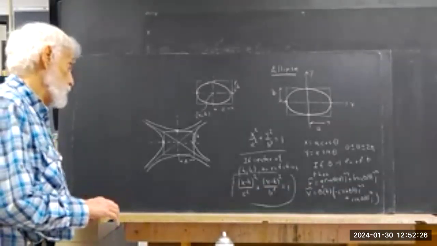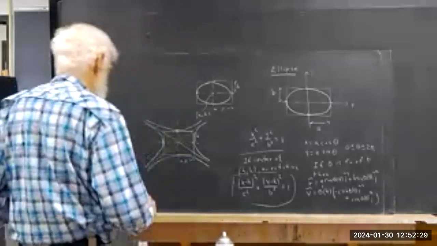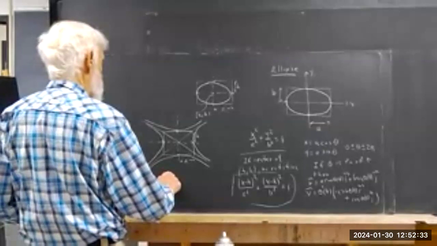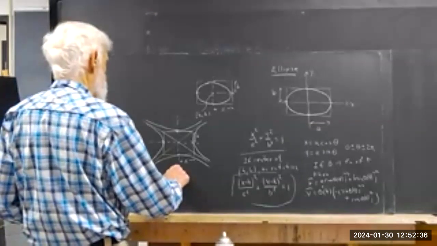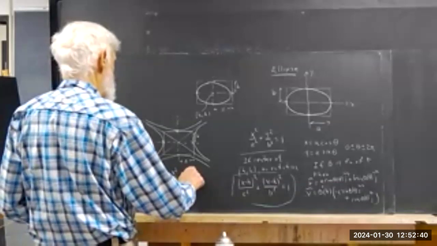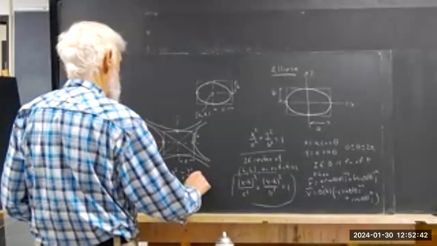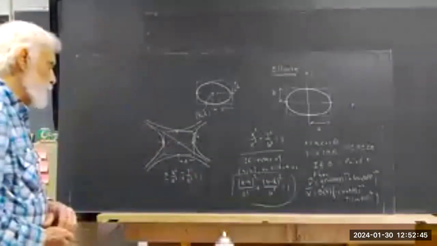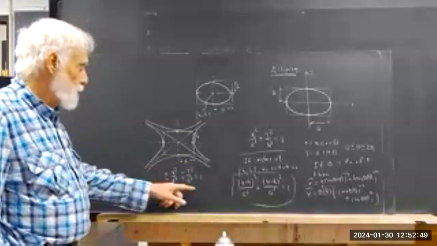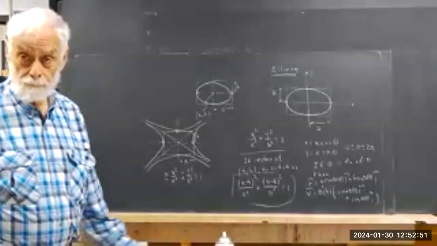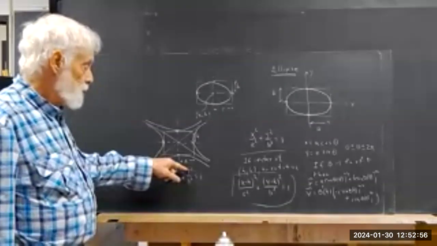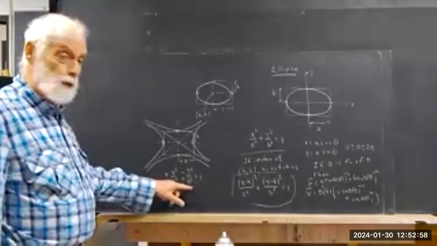The equation of the hyperbola is plus or minus x squared over a squared minus or plus y squared over b squared equals 1. In other words, if this is plus, this has got to be minus. If this is minus, this has got to be plus.